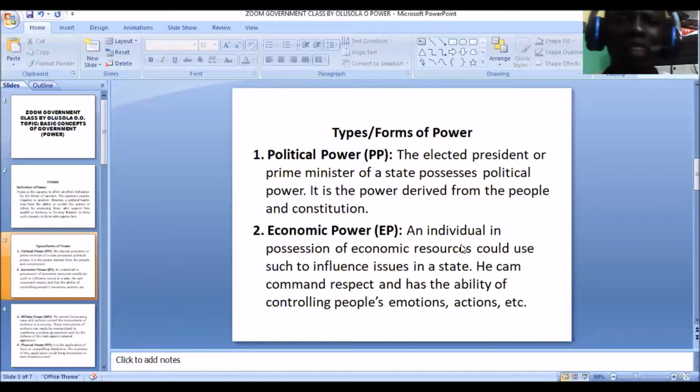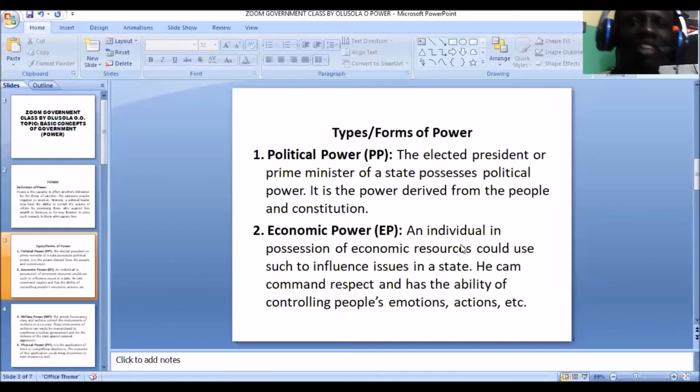So, economic resources give one economic power. And that's why today, the Nigerian government or our political leaders cannot talk about the Nigerian economy without considering how Dangote will feel, and other business tycoons in Nigeria.